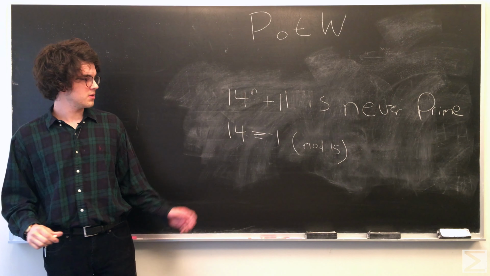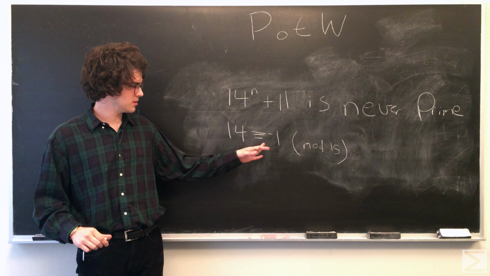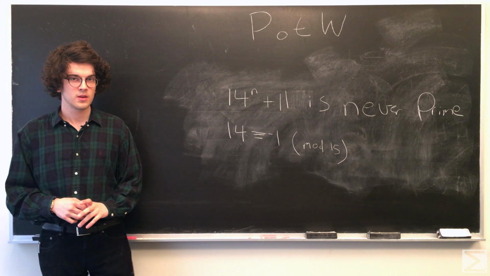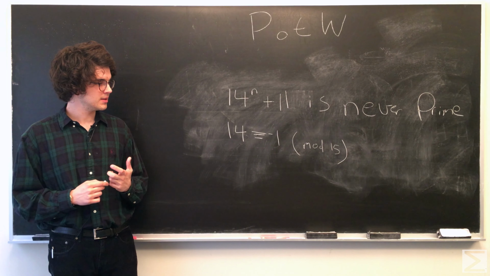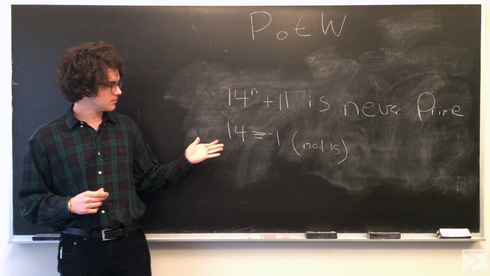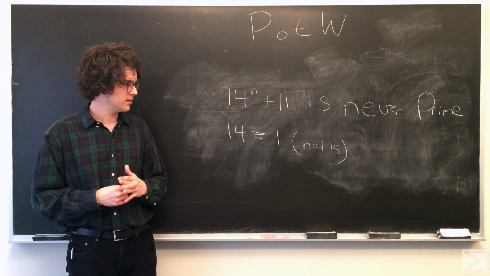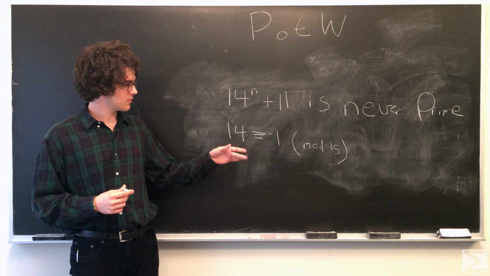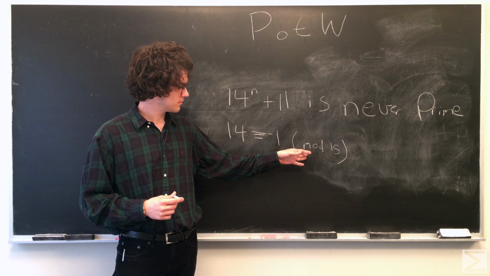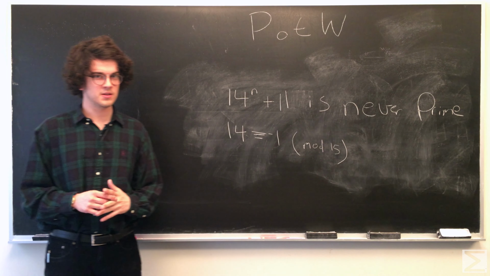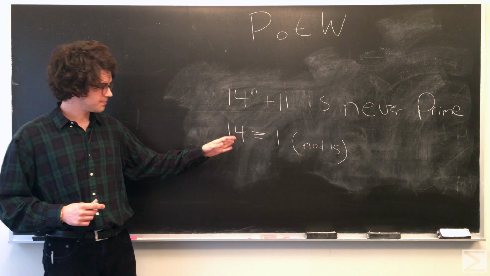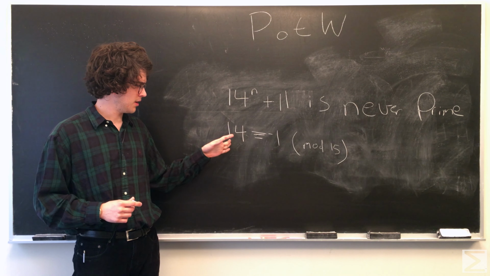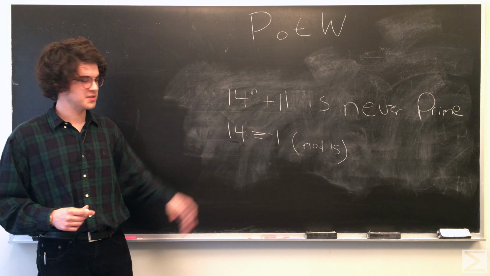So the first thing we notice is that 14 is congruent to -1 mod 15. This is obviously very constructed, meaning this mod 15 is kind of irrelevant, but we know that we want to find something out about 14 raised to the n.